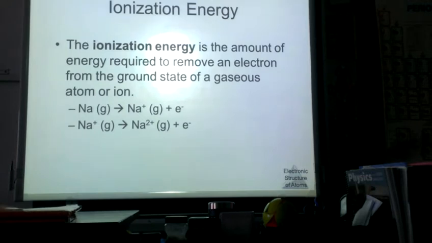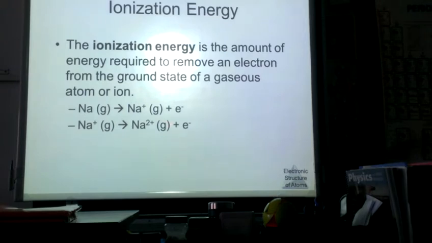So if I want to show a reaction in terms of ionization energy, you're going to see it written this way. So I have sodium in a gaseous form, and ultimately I'm going to give it enough energy so that I can get rid of one of those electrons. So when I remove an electron, I'm going to form an ion.